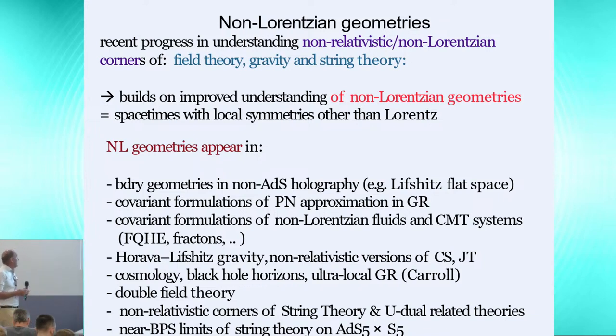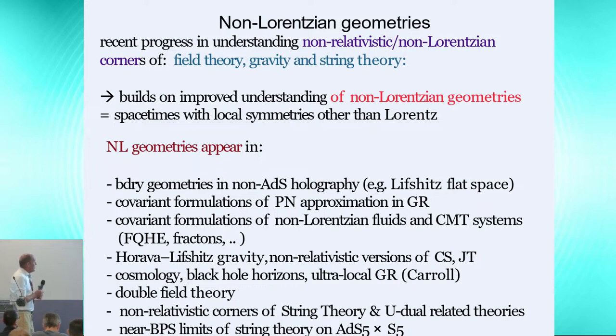And non-Lorentzian geometries have, just to give you a watch list up front, appeared in boundary geometries in non-AdS holography. For example, if you do holography for Lifshitz space-times, which are certain deformations of anti-de Sitter space-times characterized by a critical exponent, you find on the boundary that it induces a Newton-Cartan geometry, which is an example.